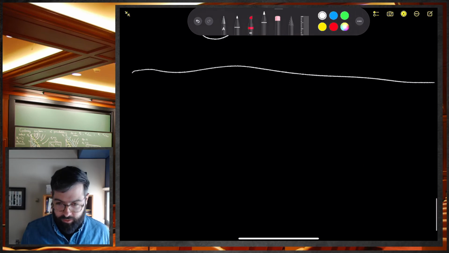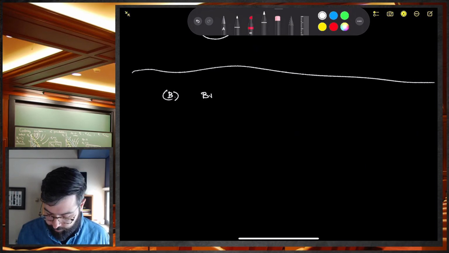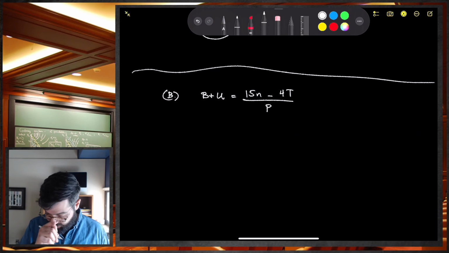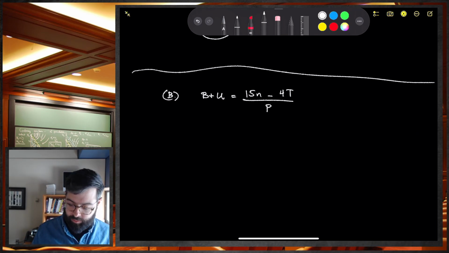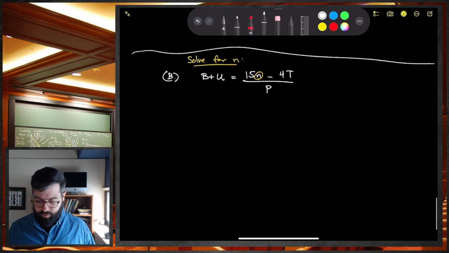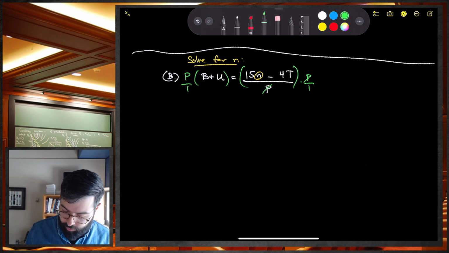And then the last question was, all right, let's say you've got a literal equation. And this is one that I know can be a struggle with all the variables, but remember to treat them just like numbers, and we're solving for n. So solving for n, what I would do first, there's a lot of ways to do this, as we've seen in our practice videos, is multiply both sides by p over 1 to blow apart this fraction.